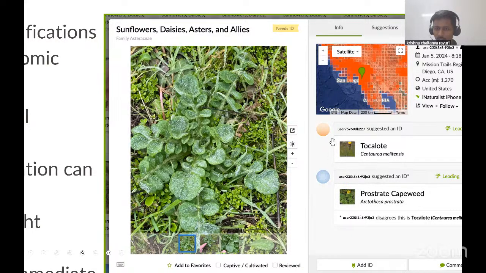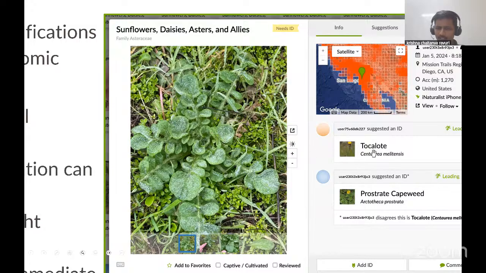So the common point for both of these was Asteraceae. First the user identified it as something, and then another person disagreed. So now Asteraceae is the common point for both of them. So you get this one. This is the observation ID, and I think this one would also be the community ID.